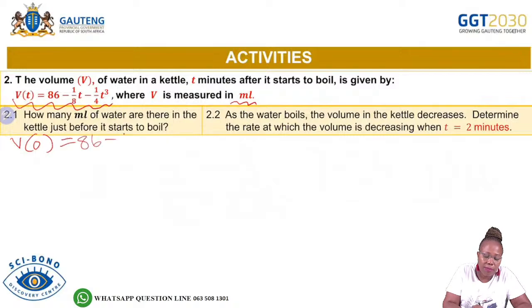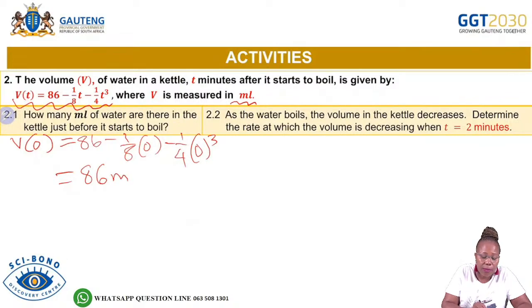For 86 minus 1 over 8 t, time is 0. And then minus 1 over 4 t cubed, the time is 0 cubed. So this will be 86. How many milliliters of water are there? We initially have our kettle holding 86 milliliters of water there.